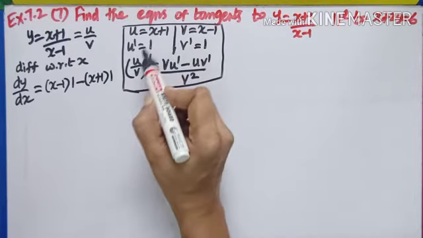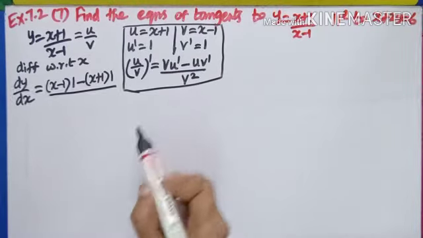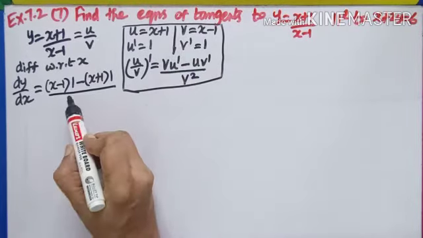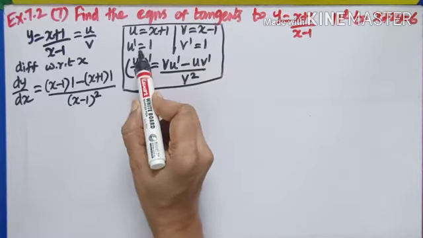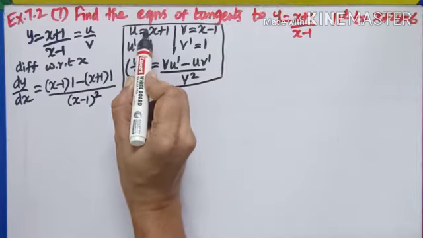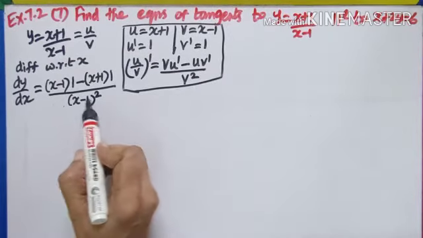See, it is crossing like this for this formula, divided by v square. What is v? x minus 1 the whole square.